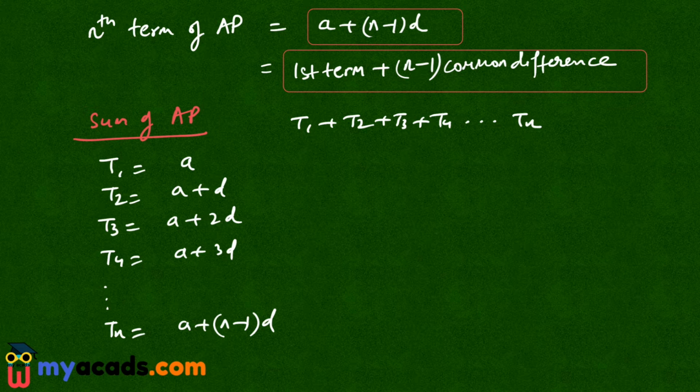Now I can see that this a is coming n times, so it will become na. After that, I can take d common. So it will become plus d, and what is left is 1 plus 2 plus 3 and so on till n minus 1. Now this is a sequence of natural numbers till n minus 1.